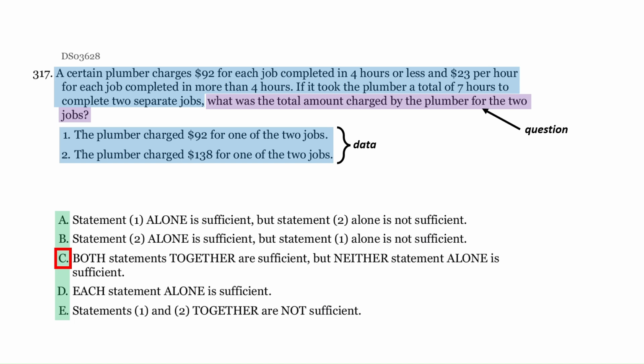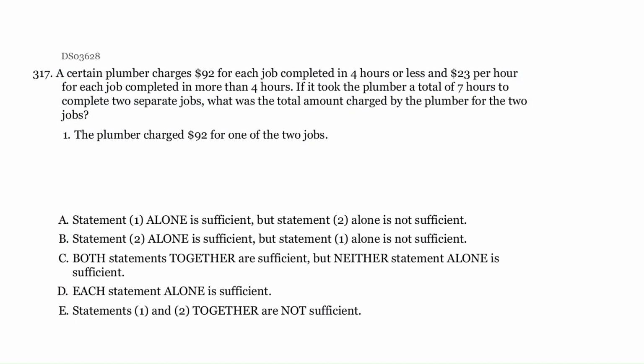I'm going to look at statement 1 on its own. If I know that the plumber charged $92 for one job, then it means that job took 4 hours or less. Since the jobs took 7 hours together, then the other job took 3 hours or more. This introduces an uncertainty.